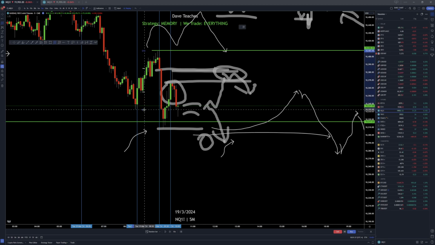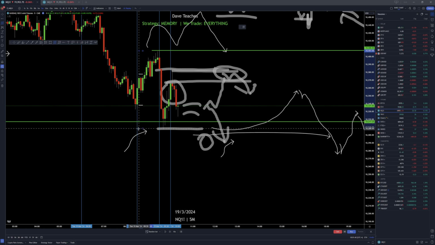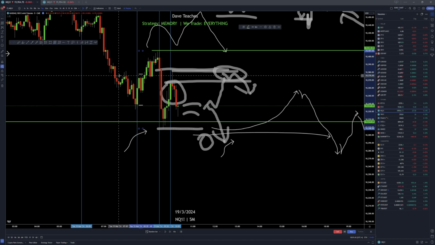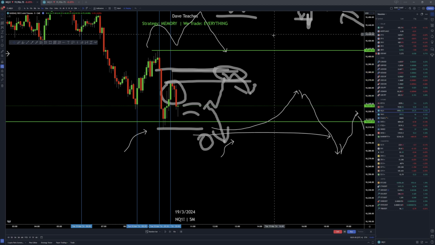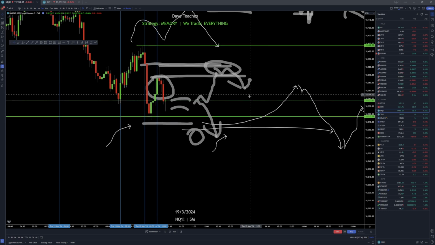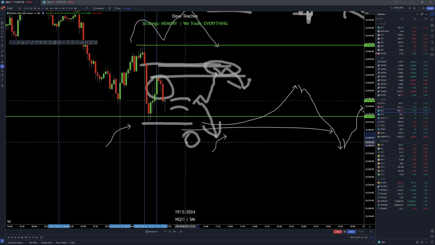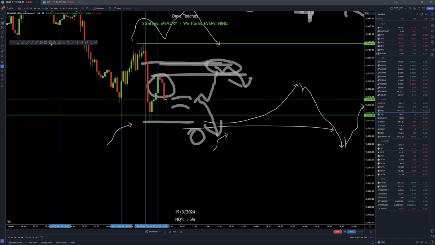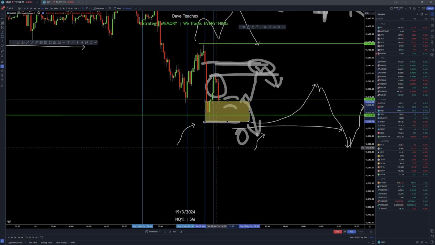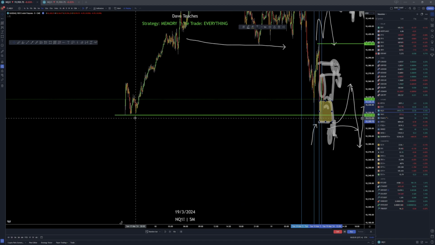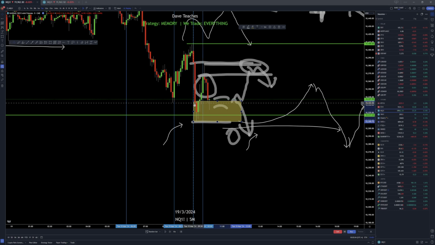So let me see. Yeah, so that's given if we close below that. So this is still that down candle that took that low. But as we mentioned, with the down candle, price can come back to the down candle, take the low of the down candle, trade back in, put in a second low, and then go back to run this high.